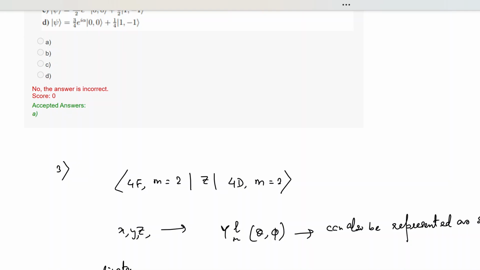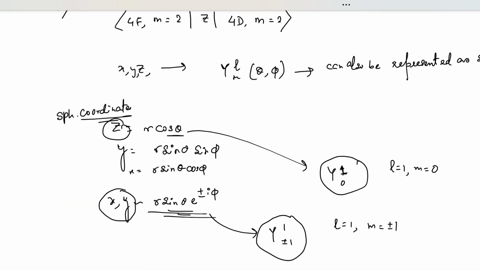So this sin theta and e to the power i phi term comes for Y1 plus minus 1, where L equal to 1 and M equal to plus minus 1, which is in turn related to the position coordinates x and y. On the other hand, Y10, where L equal to 1 and M equal to 0, is related to the position coordinate z.